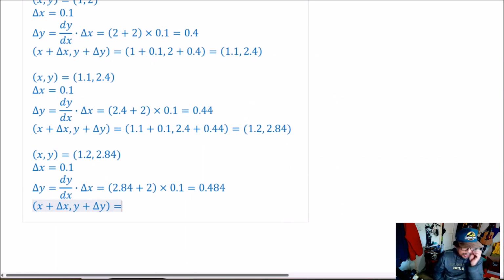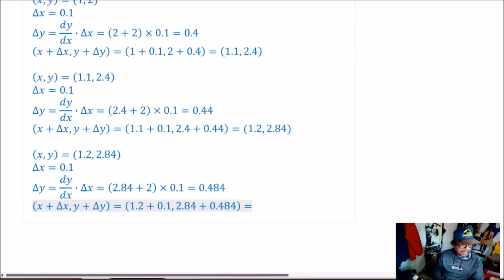And now I just compute, just like before, x plus delta x and y plus delta y. My old x coordinate was 1.2, so 1.2 plus my delta x, which was 0.1. My old y coordinate was 2.84, and to that, we're going to add 0.484, which was our delta y.